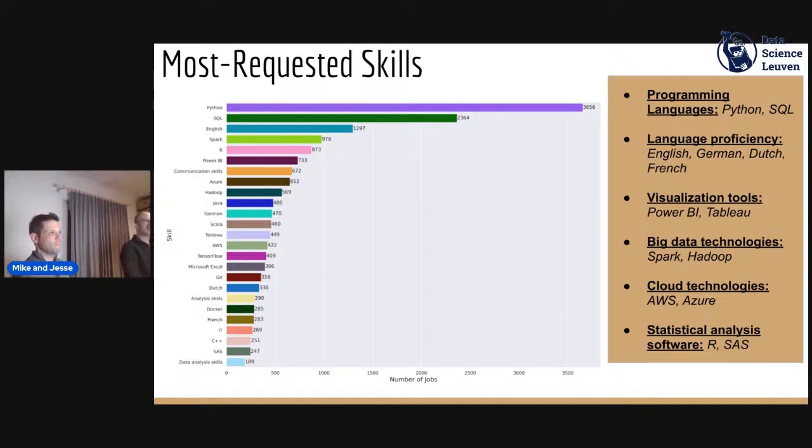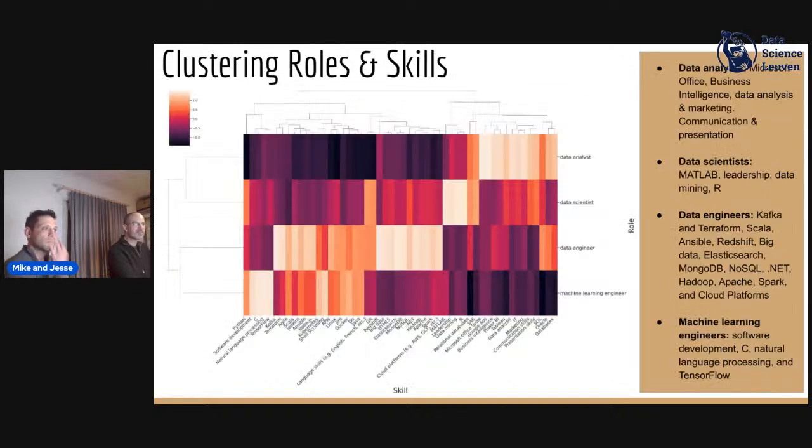Indeed. From one perspective, this is a somewhat simple way of looking at it, because we're collapsing across all of the roles and displaying the data for everybody combined. But we were quite curious to see how the roles differ from one another based on the skills that are expected. And so that's what we'll be talking about next.